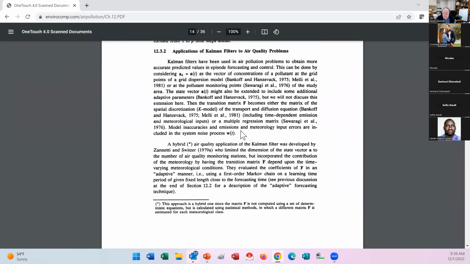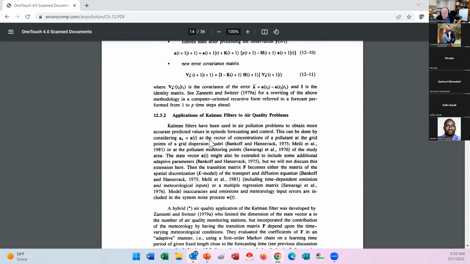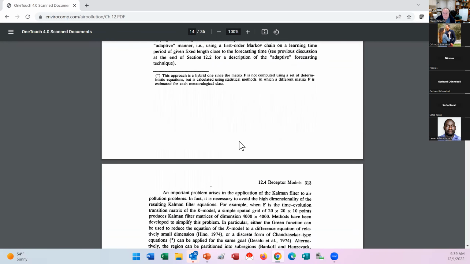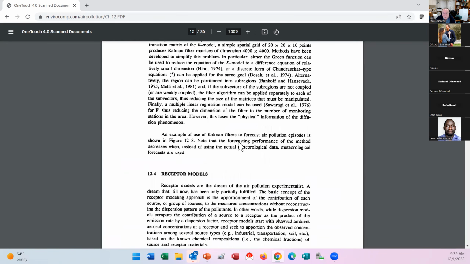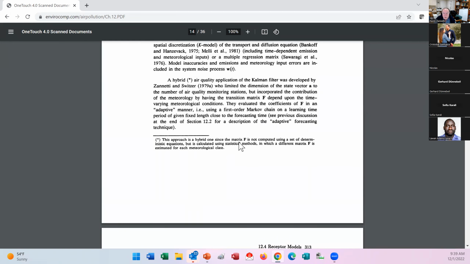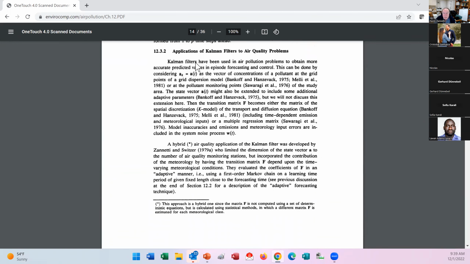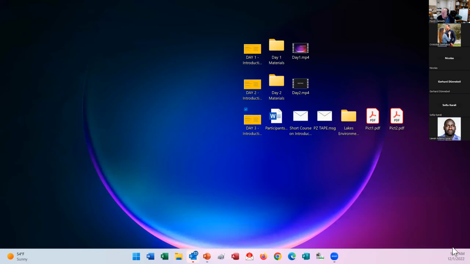In my 1990 book, which has been referenced before, in the material I sent you, you should find the link. There is a discussion, only 2 pages, about Kalman filtering. So send me an email to remind me, and I will send you some other pointers. Okay, sounds good. Thank you very much.